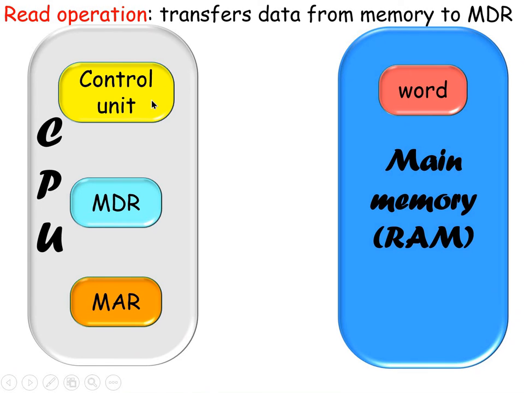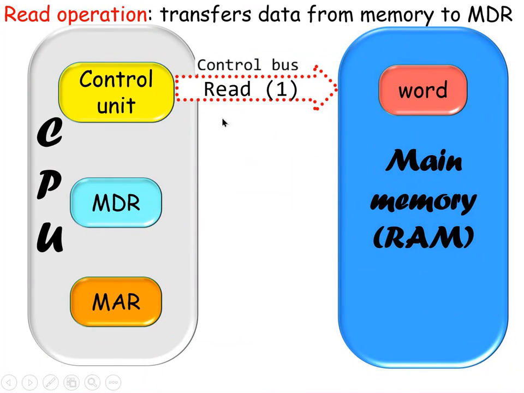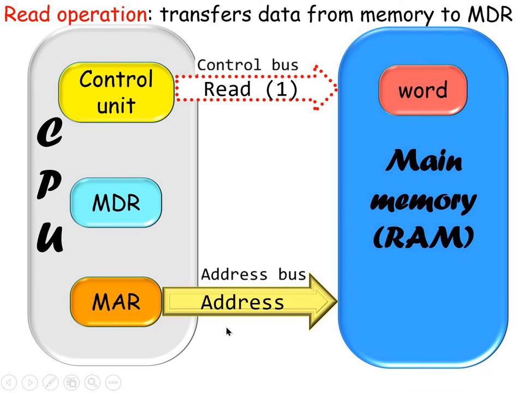The control unit sends a read signal 1 to the main memory through the control bus. The address of the word to be fetched is transferred from memory address register to the main memory through the address bus.